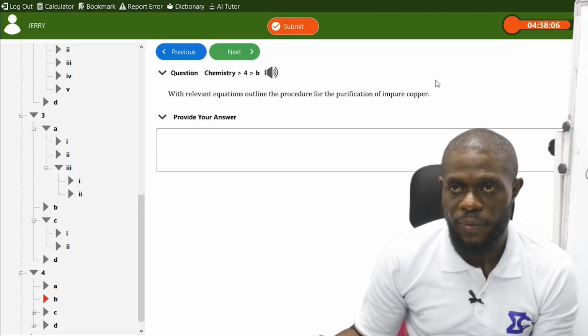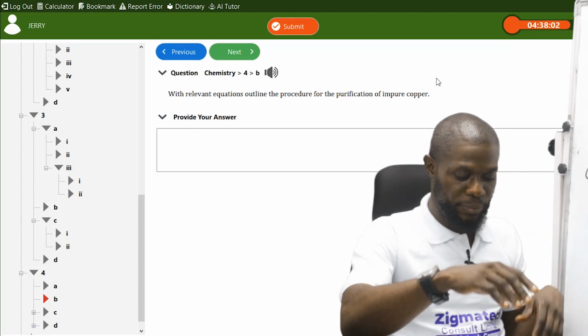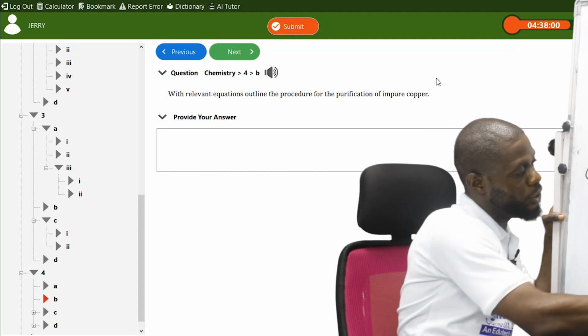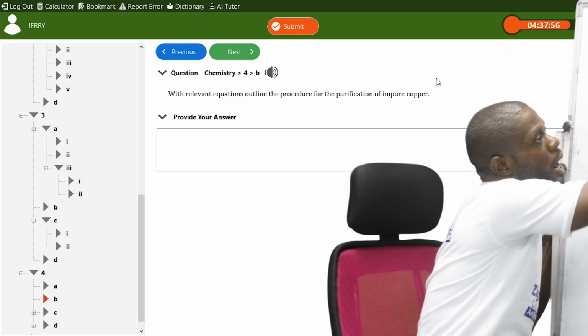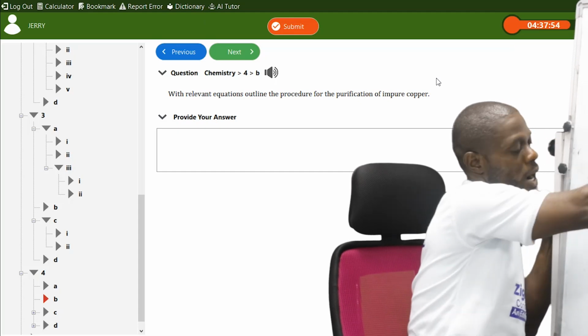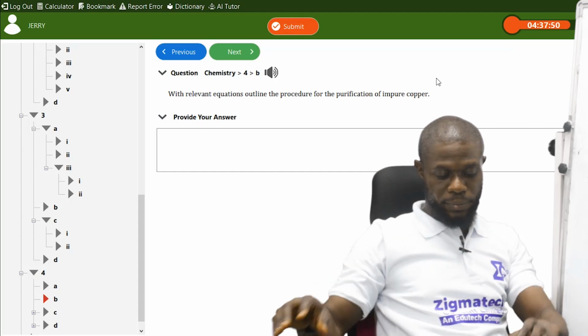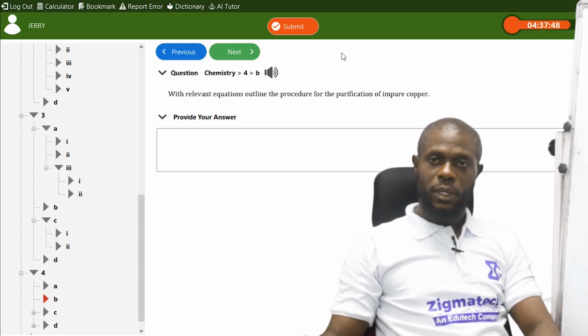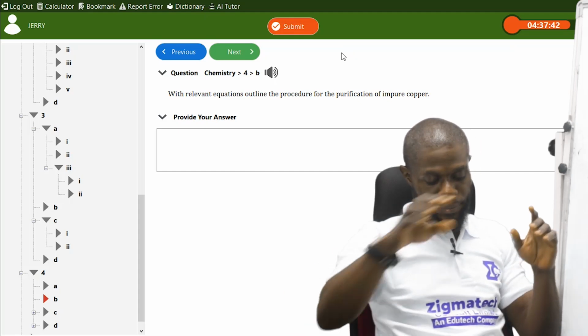The next one says, with relevant equation, outline the procedure for the purification of impure copper.